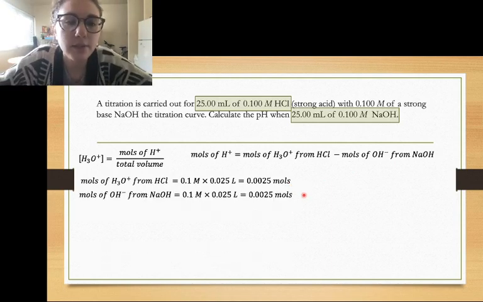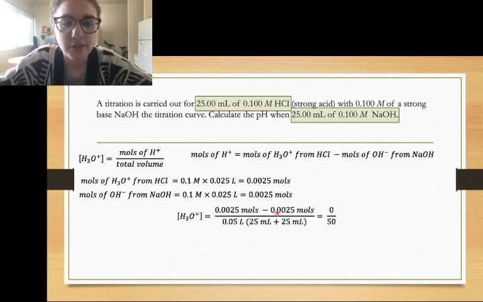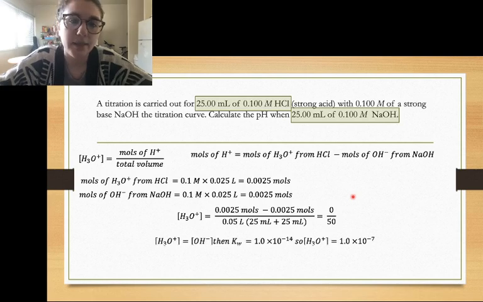So here we go. This is this many moles of H3O+ and the moles of OH-. And you'll see here that I get 0. A lot of people are like, 0? Well, we can't have 0, because the negative log of 0 isn't defined, and that's not what's going on here. I know that it's been neutralized. So if they equal each other, then it's water, and I use Kw is 10 to the minus 14, and therefore the hydronium concentration is 10 to the minus 7.